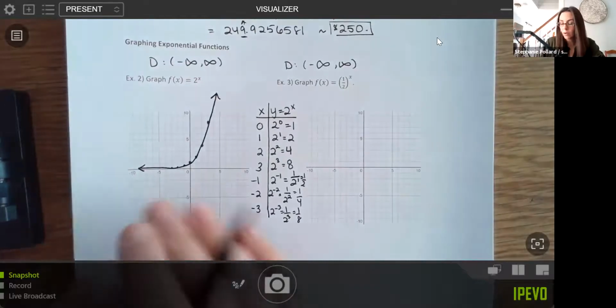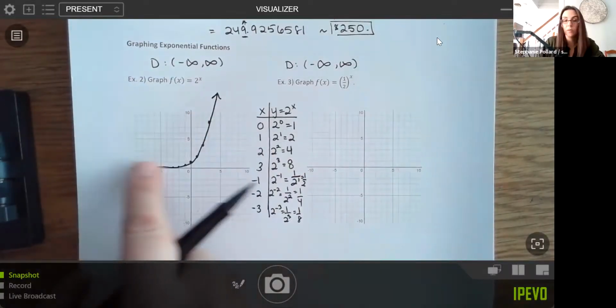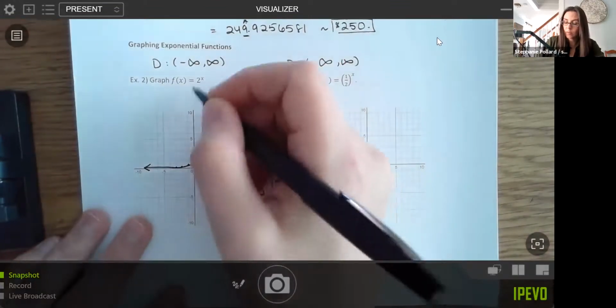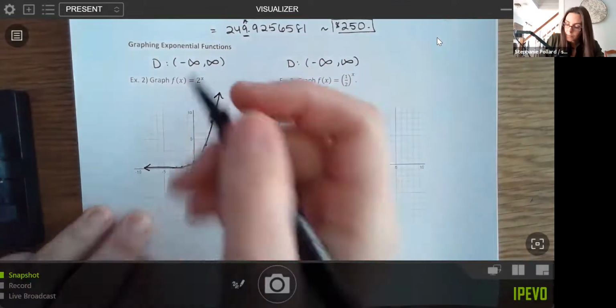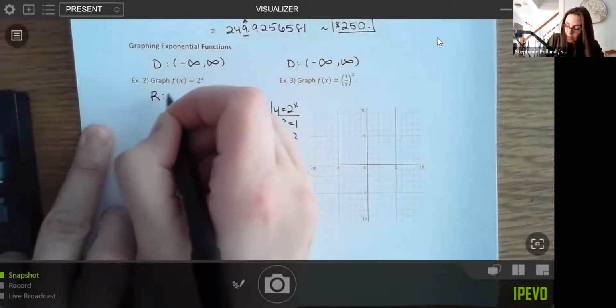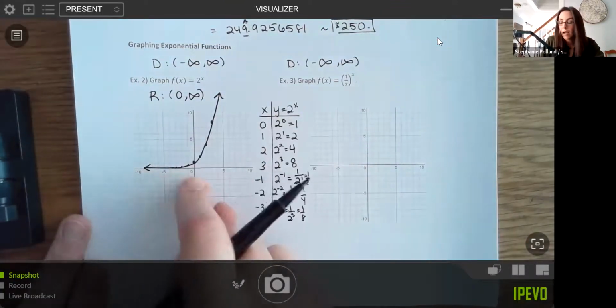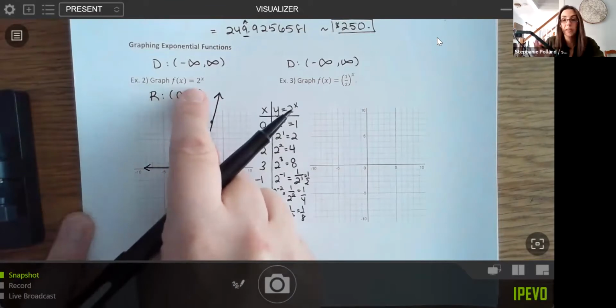So here you're going to see that your domain is -infinity to infinity for exponential, so you can plug in any values you want. But the range for the basic exponential is going to be above 0. So for this one, our range here is going to be from 0 to infinity. It will never touch that 0 line in general for your basic exponential.